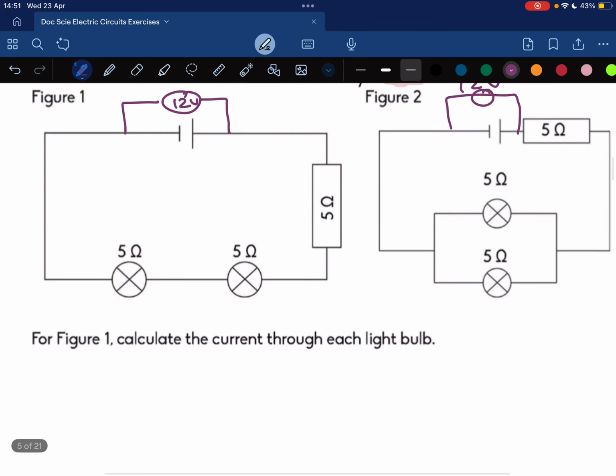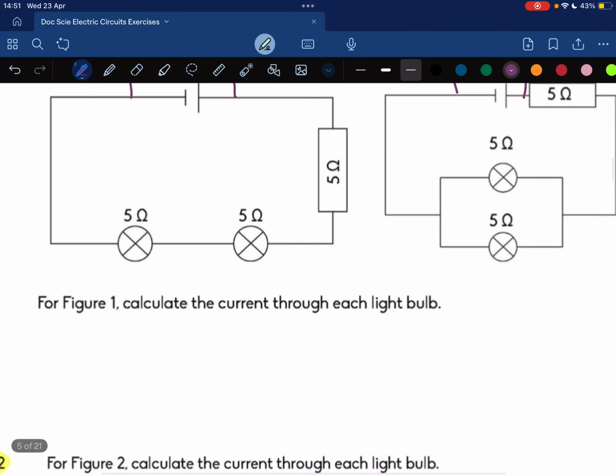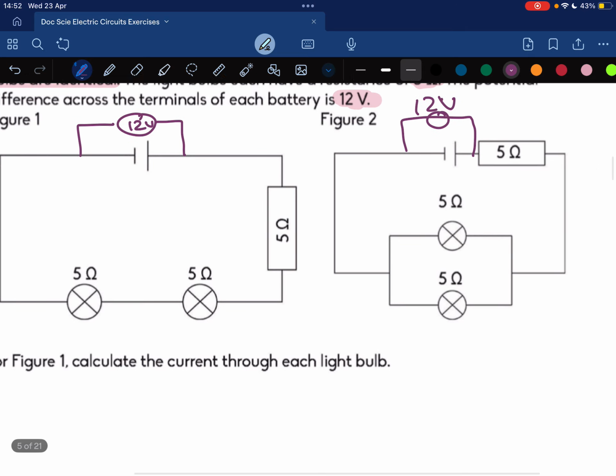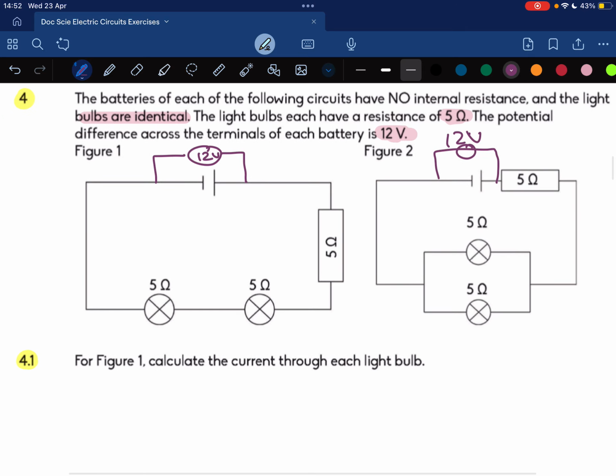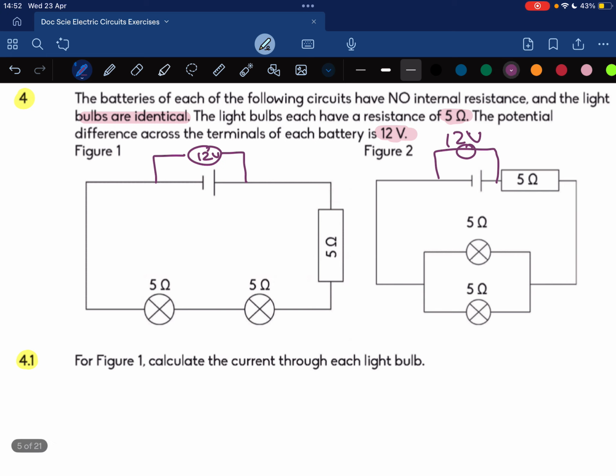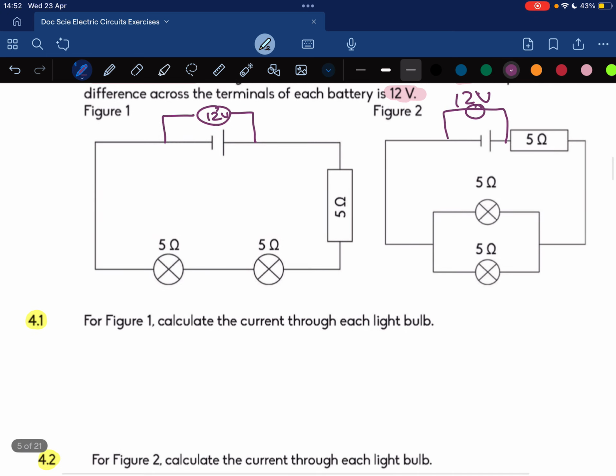Okay, so it says, for figure 1, calculate the current through each light bulb. I can see that the resistors are in series, so all I have to do is calculate the total resistance by adding the resistances.